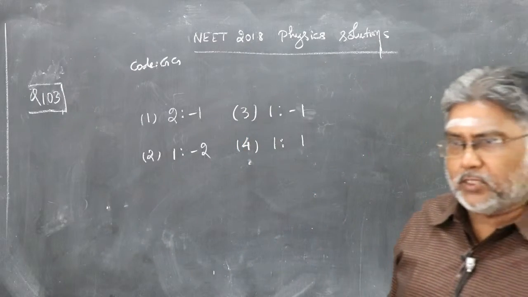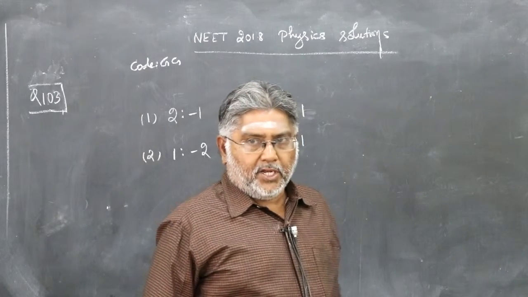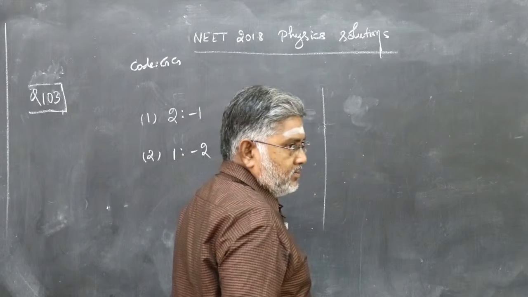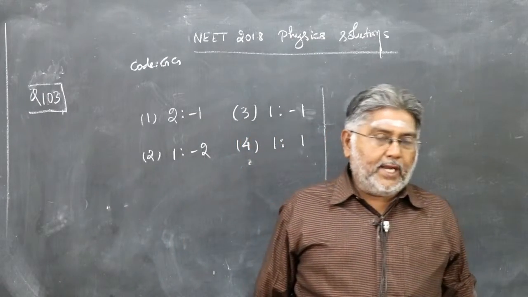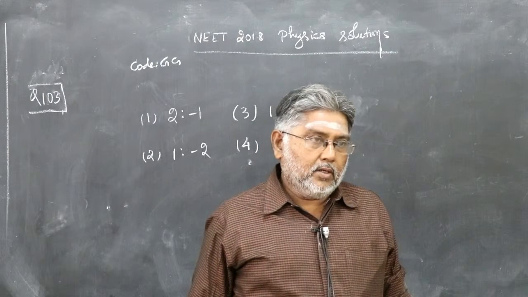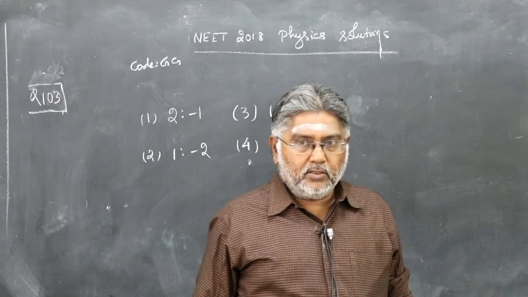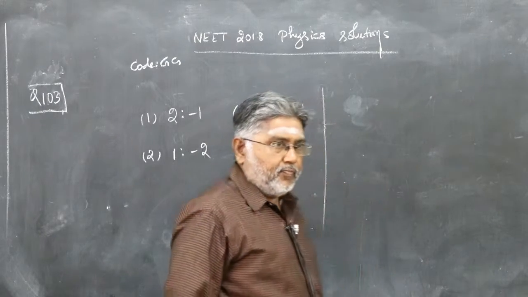So it is a comparison between kinetic energy and total energy. So now we should calculate potential energy, kinetic energy, then we can find total energy, and compare kinetic energy with total energy.